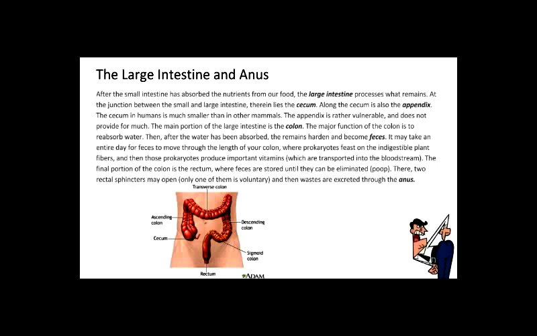We don't need to reabsorb that into our blood flow. All that waste material becomes feces. It may take an entire day for feces to move through the length of your colon, where prokaryotes feast on the indigestible plant fibers, and those prokaryotes produce important vitamins, such as vitamin K, like I just mentioned.